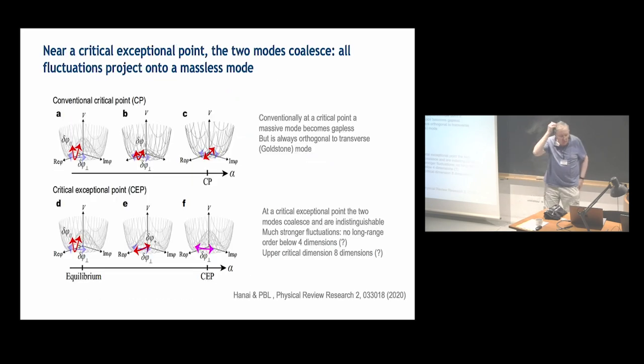Now, what might that mean in terms of critical phenomena? So here's my view of a conventional critical point, where you imagine, again, this is, say, a U(1) system, so there's a rotational symmetry associated with the order parameter, and there are naturally two modes, one which is the mode that goes around the Mexican hat, the Goldstone mode, and then a massive mode, which is always orthogonal to this in a system which is Hermitian.